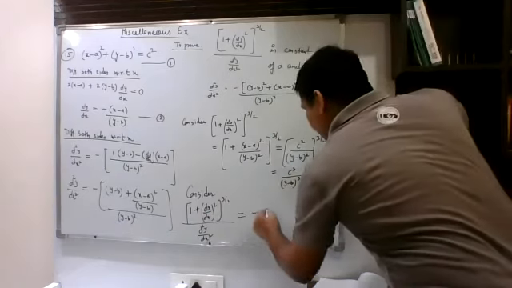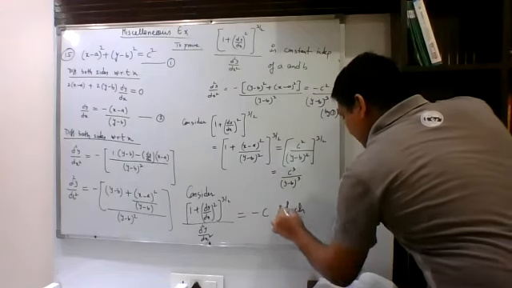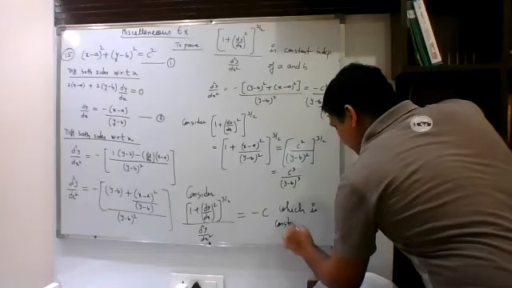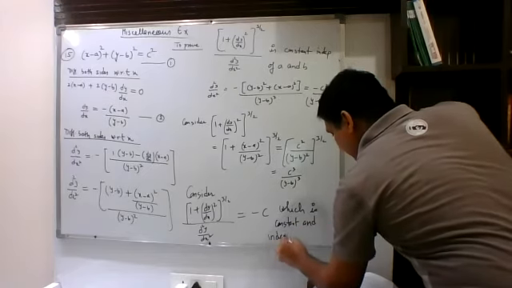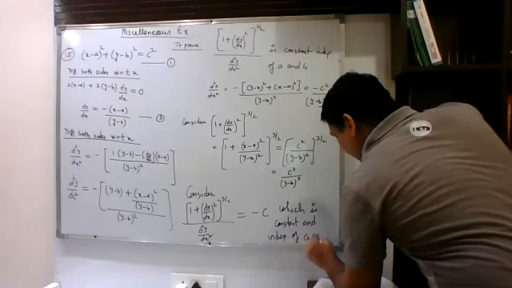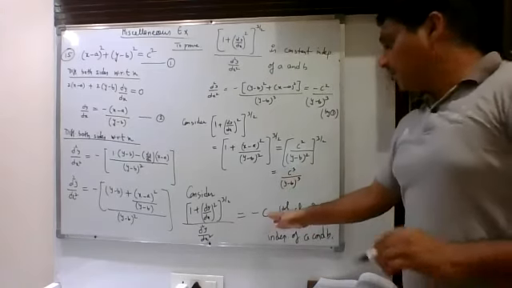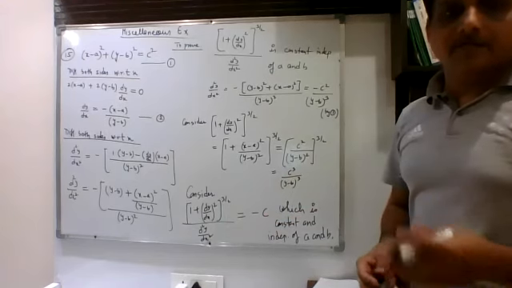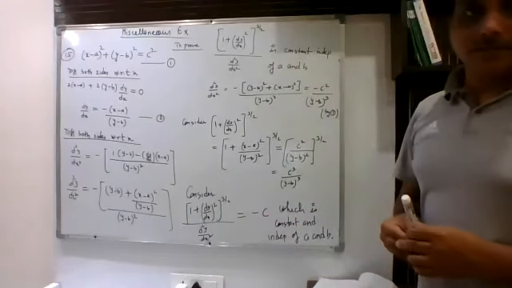You can just check that it is minus c, which is constant and independent of a and b. This expression is coming out to be c, which is independent of a and b, and it is a constant quantity. So this is what we need to prove as per this question.